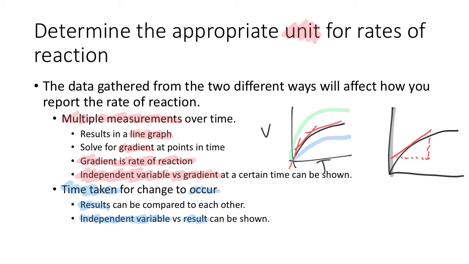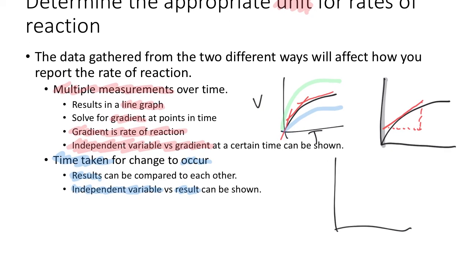So what that might look like is something like this. Here's your scale. You might have concentration down here and then time here. So at a low concentration, it took a short, whoops, that's the wrong way around, isn't it? At a low concentration, it should take a long amount of time.